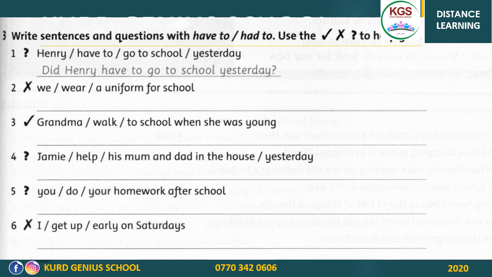Okay. Number 6, and the last, there's a cross. So the sentence must be negative. The information we have is, I get up early on Saturdays. So the solution would be, I don't have to get up early on Saturdays.